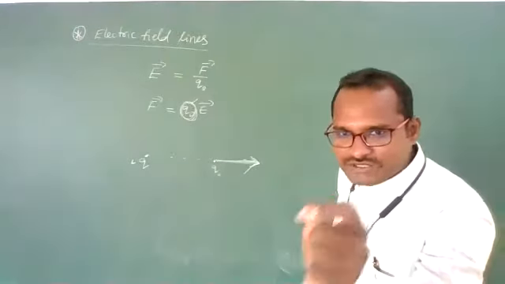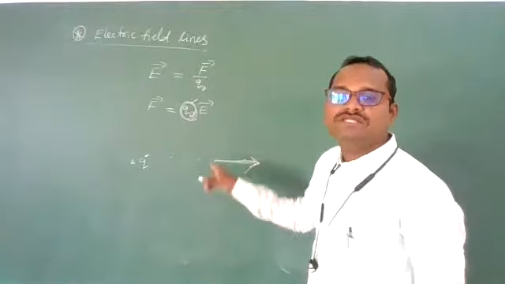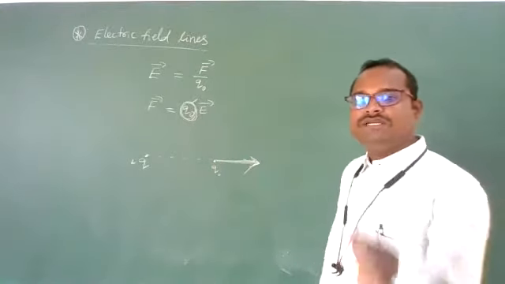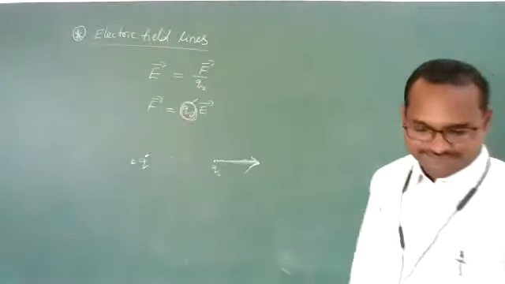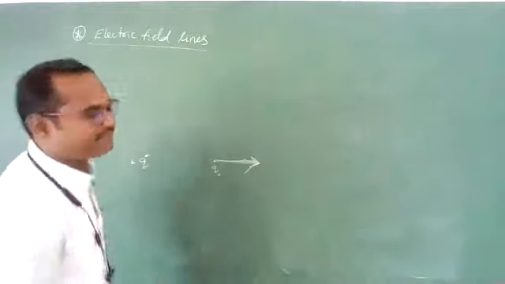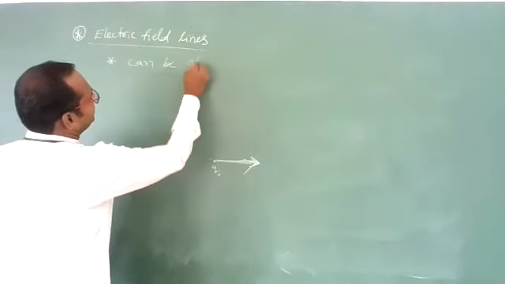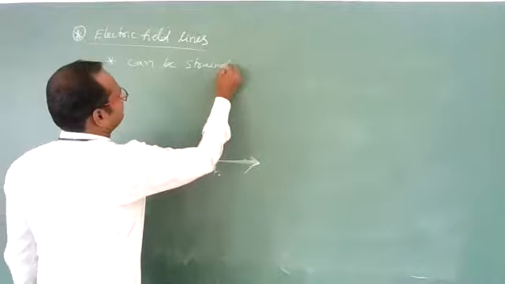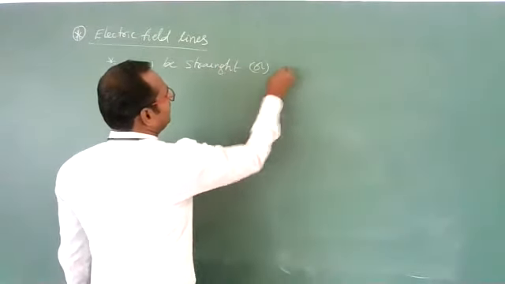When a unit positive test charge is freely placed in an electric field, the path in which it moves is called the electric field line. These electric field lines can be straight lines or curved lines.